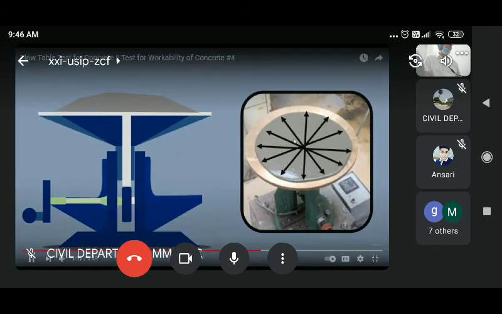We will record the dimension like this in 6 directions, and the average of each dimension is taken out.